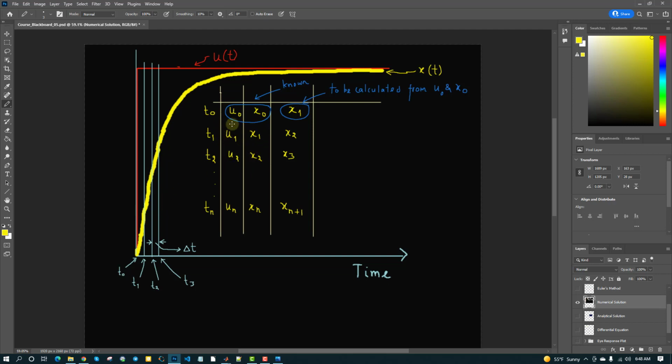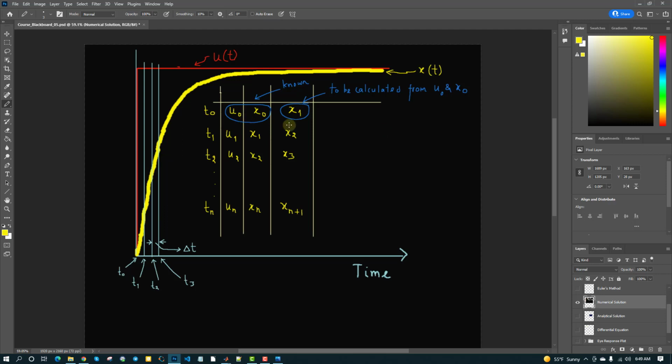You use these two known pieces of information and calculate the system response at time t2, which we call x2, and so on and so forth, until we are done with all the elements in the time vector.